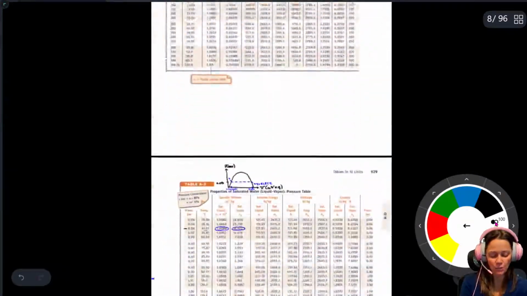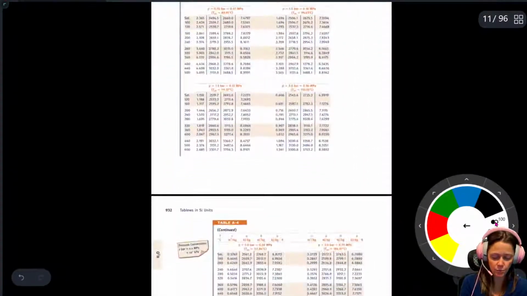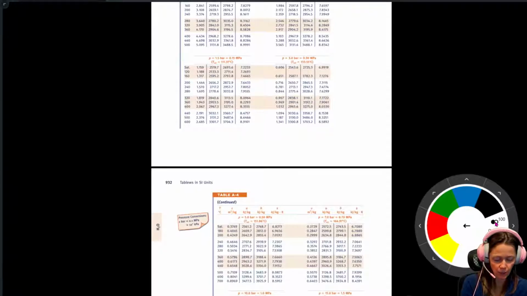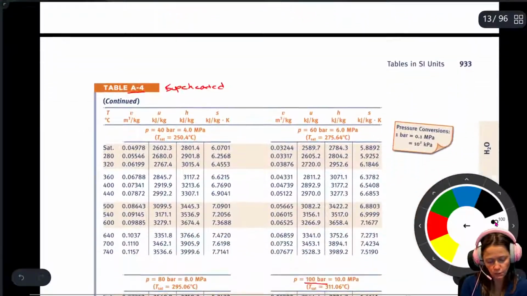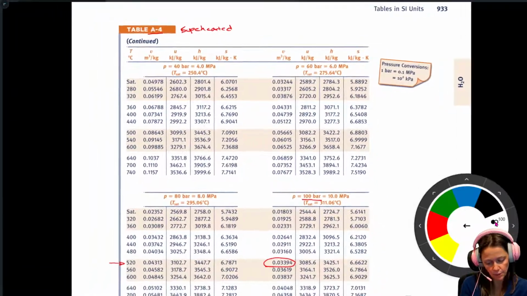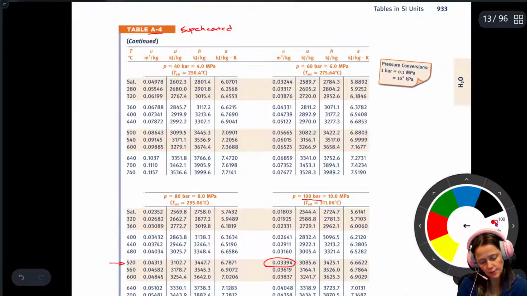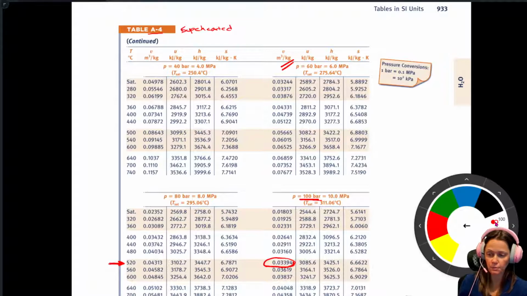So we're at 100 bar and 520 degrees Celsius. So table A4, you're looking for the correct pressure. So you could see here 100 bar, 520 degrees Celsius. That right there is our specific volume. So you're just reading it straight off the table.